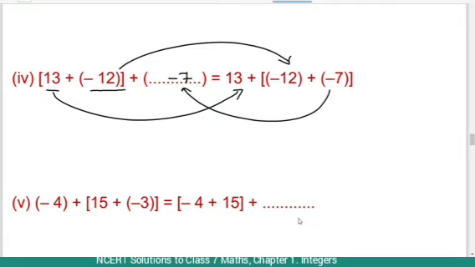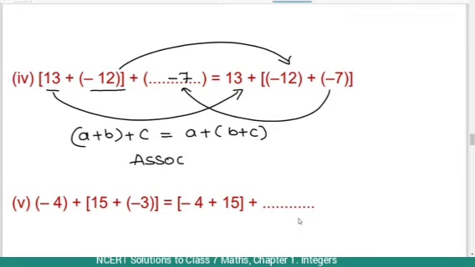Then here comes -7. So it is the property A plus B in bracket plus C is equal to A plus in bracket B plus C. Which property is this? It is the associative property.